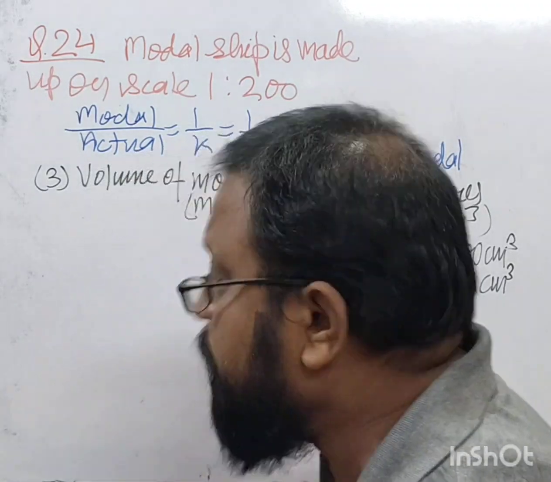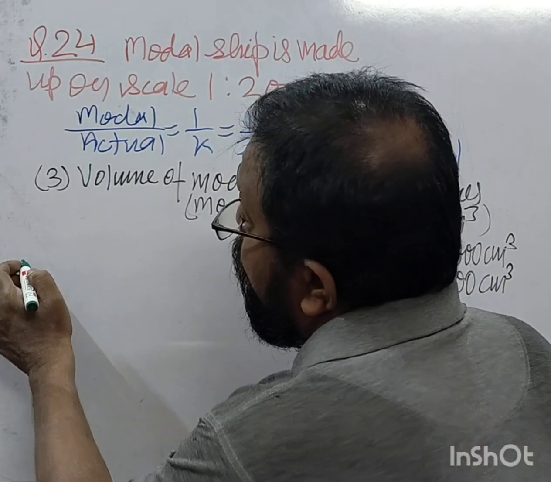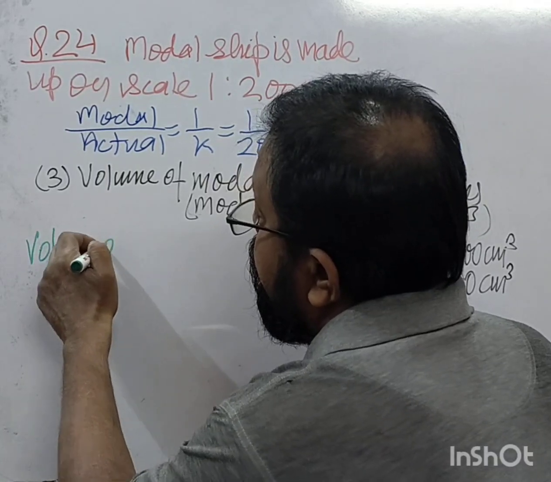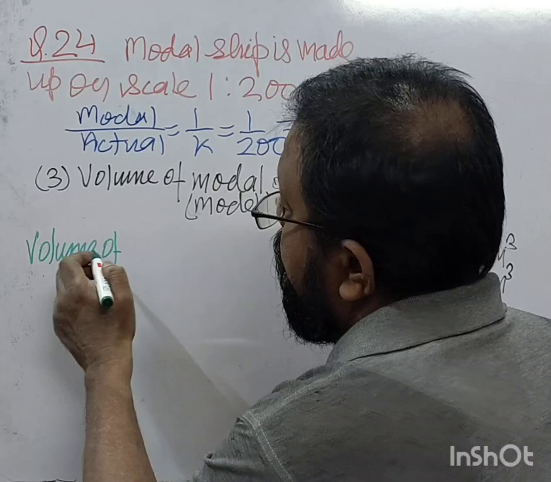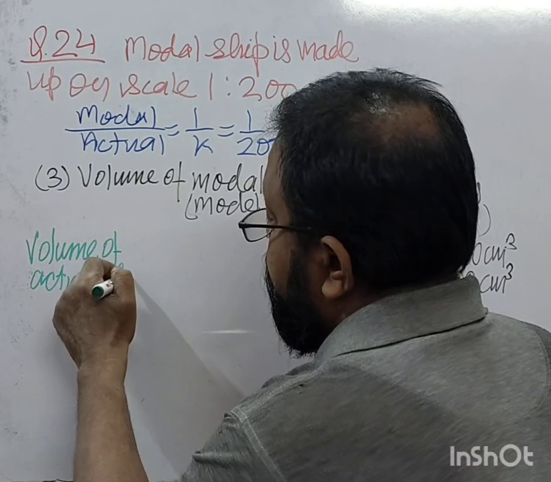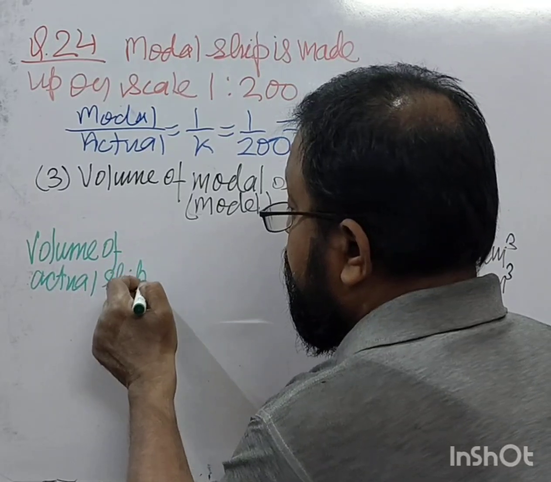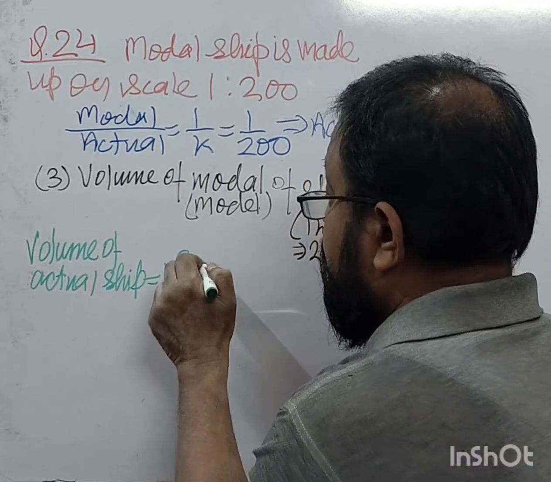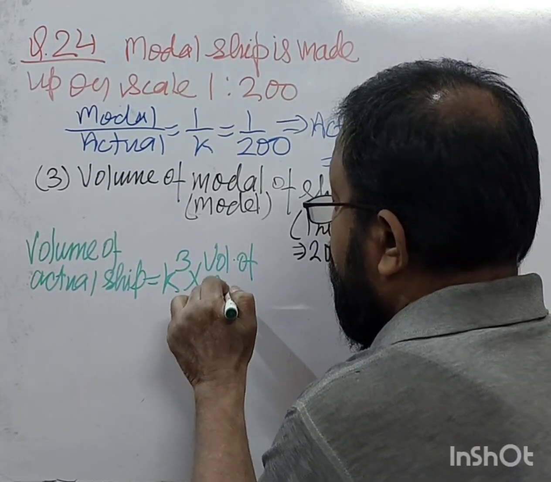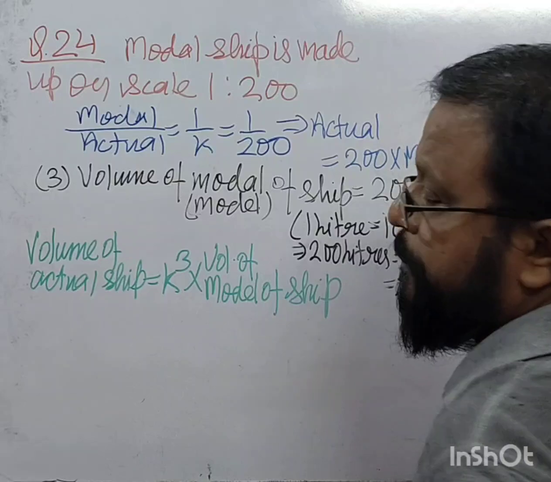And we know the definition that the volume of actual ship is equal to k cube into the volume of model of ship, right?